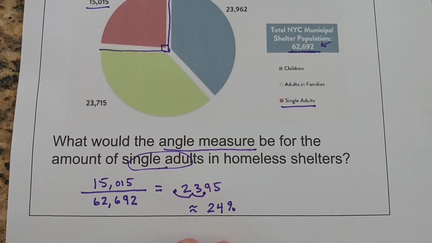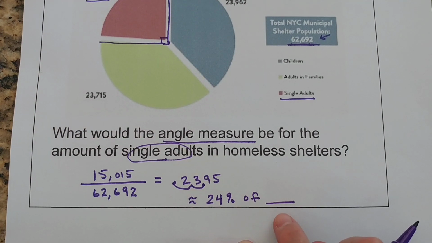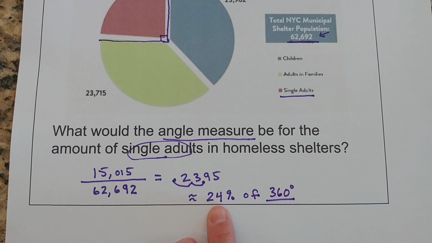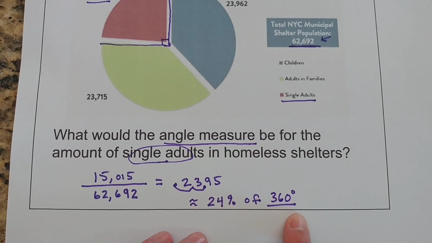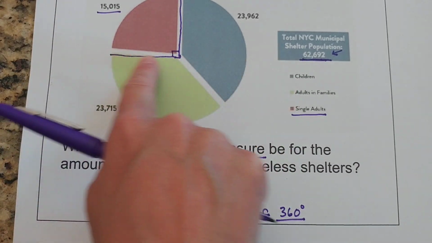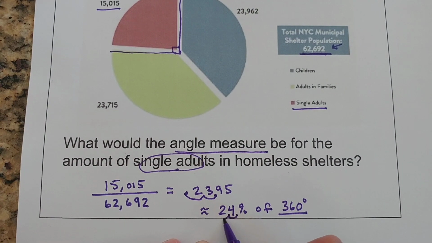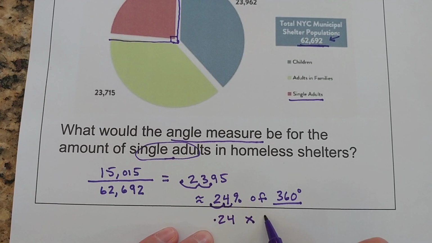Well, what is 24% of an entire circle? An entire circle is 360 degrees. What is 24% of 360 degrees? Remember, before we said it should be really close to 90 degrees. Not quite, just under. So we're going to go back it up, 0.24 of means times, and multiply by 360 degrees.